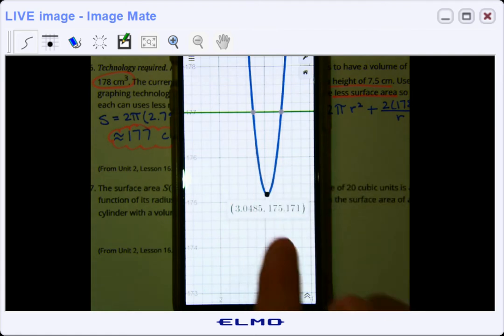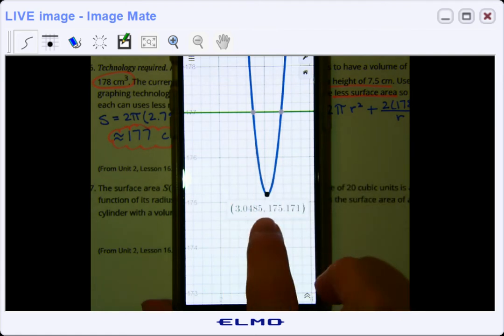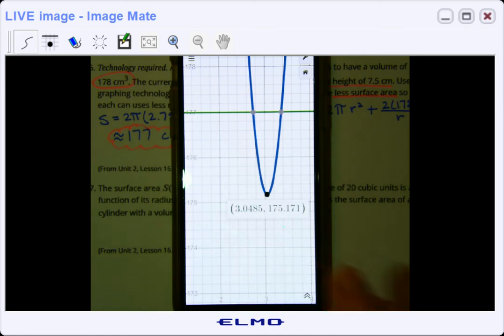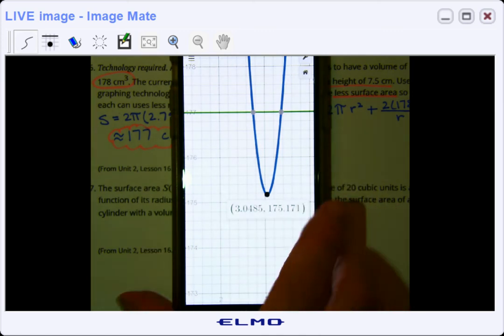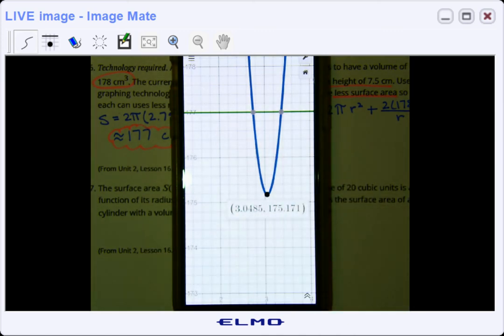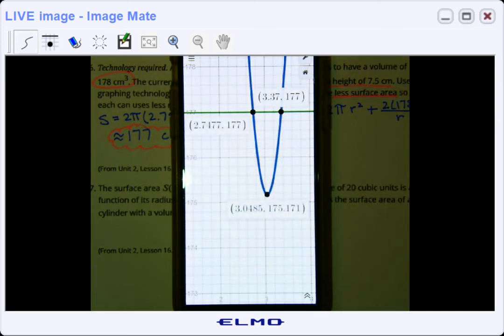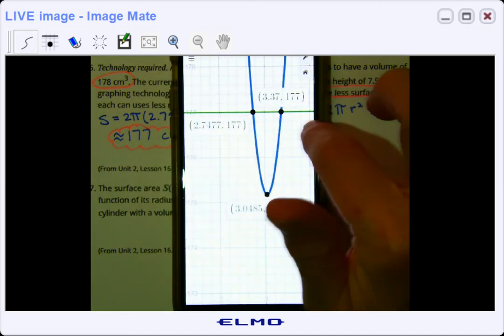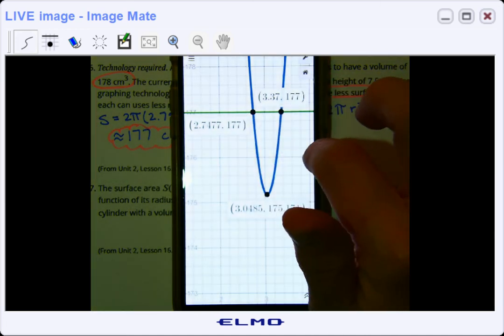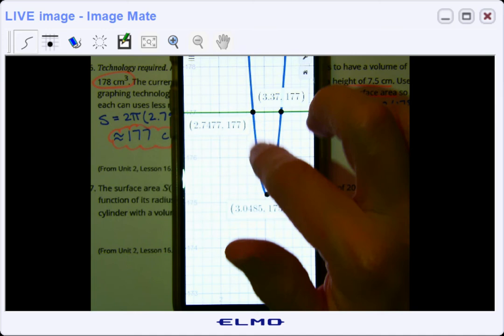I know this is not the actual minimum value, but I like whole numbers, and since we only have to pick one, I'm going to choose a radius of 3. This is the surface area of the current can, and it can get smaller until there. So any value between 2.7477 and 3.37 would give us a radius value.